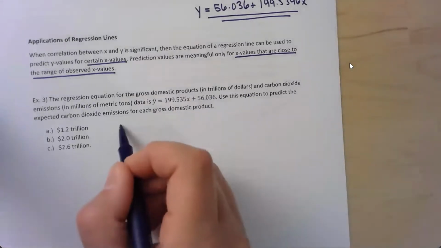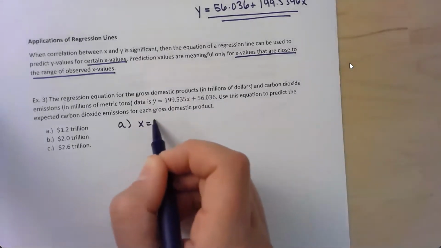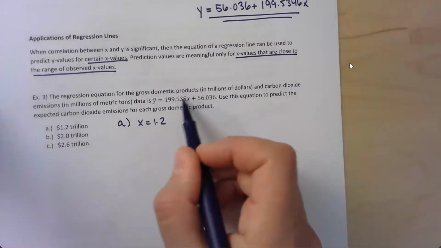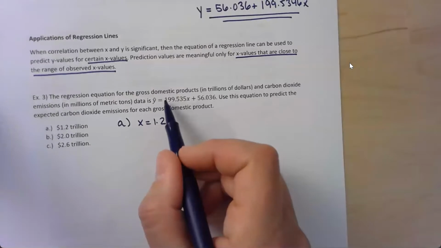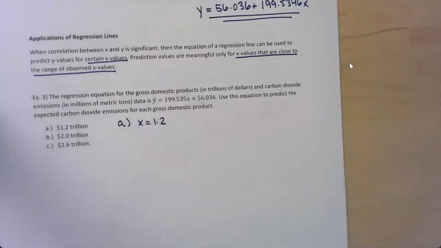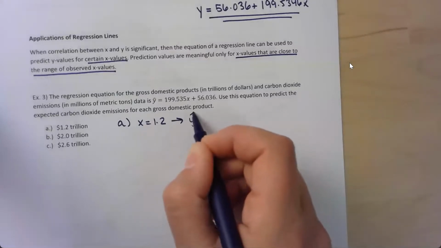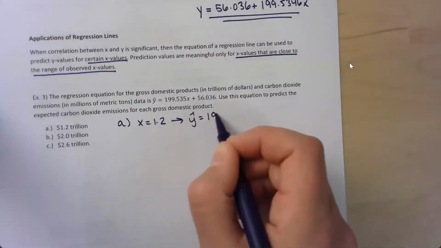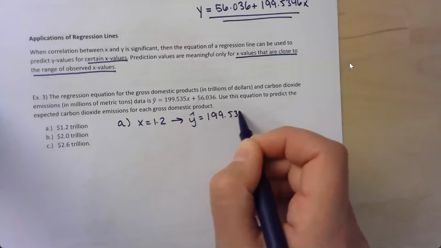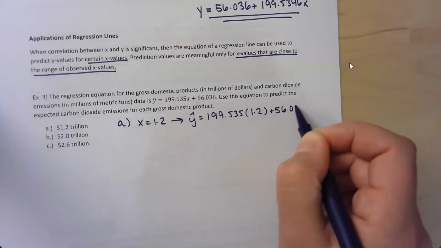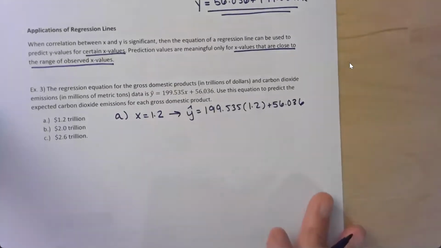So for example 1, we're just plugging in X equals 1.2, because the units actually match the X value calculations that we've done in our problem. So for the first one, we take our equation here, and we're just going to replace that X with 1.2, just plugging it in like a regular equation, and we're going to simplify.